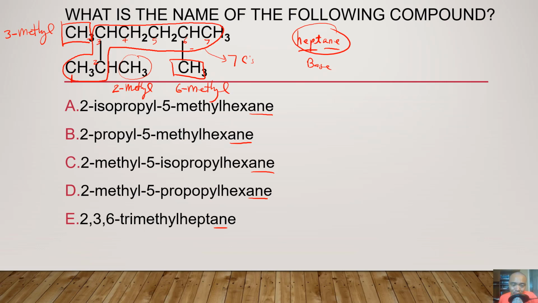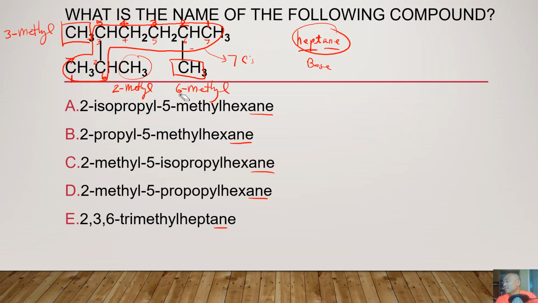If you number the carbon in the main chain in the wrong way, for example, what if I number the carbon over here as number 1, then you keep going backward, you would have number 1, number 2, number 3, number 4, 5, then you would have carbon 6 and carbon 7. So then the number system will be different.